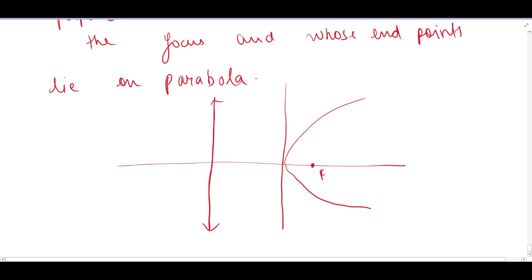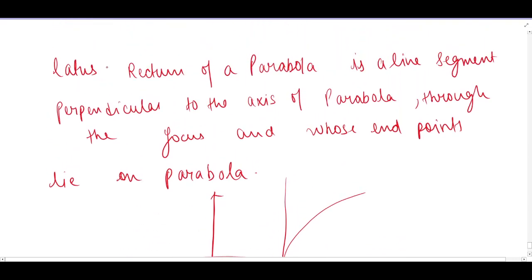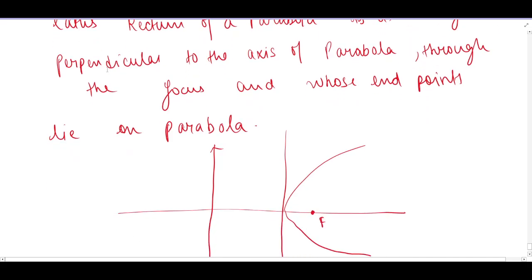So what is latus rectum? It is a line segment perpendicular to the axis through focus, and whose endpoints lie on parabola. So A and B are endpoints. So AB is a latus rectum.